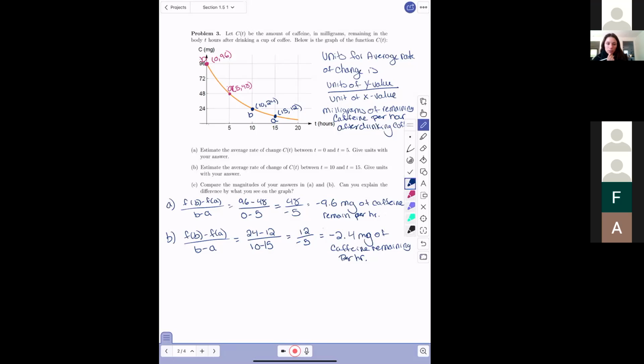Thank you. All right, and then C. Compare the magnitudes of your answers in A and B. Can you explain the difference in what you see in the graph?